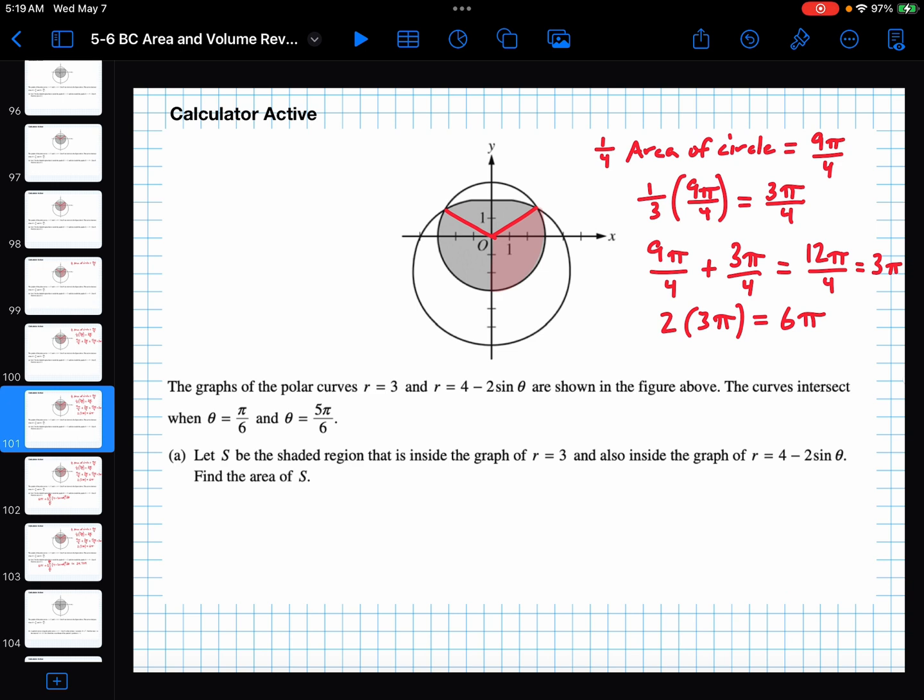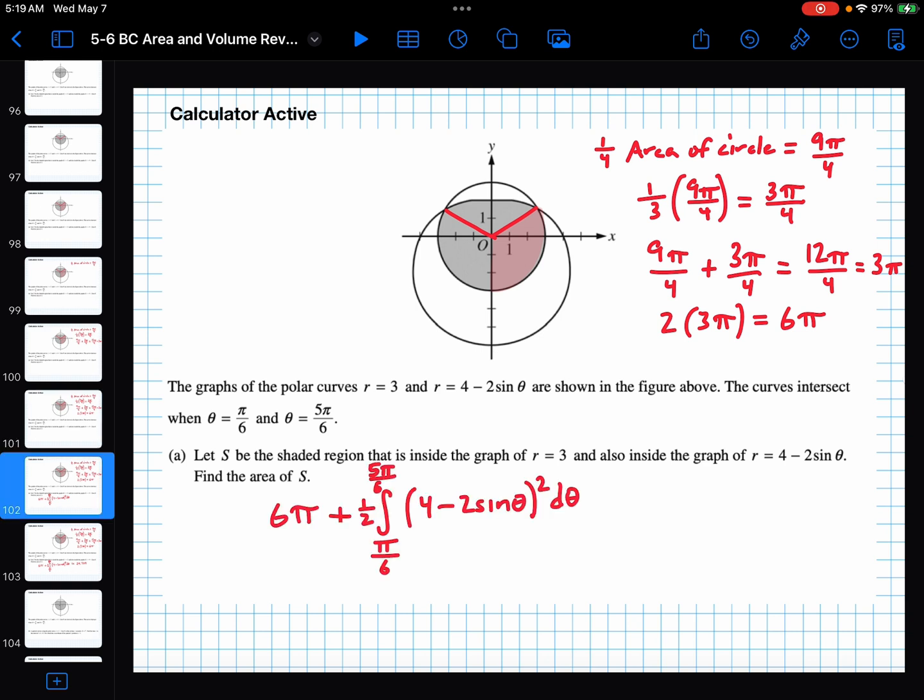And now the only area that's left that I haven't accounted for is from pi over 6, from that intersection point, to 5 pi over 6. And in that portion, the boundary of your region comes from the other graph, r equals 4 minus 2 sine theta. And this one you can just write an integral using the area formula between those two angles.